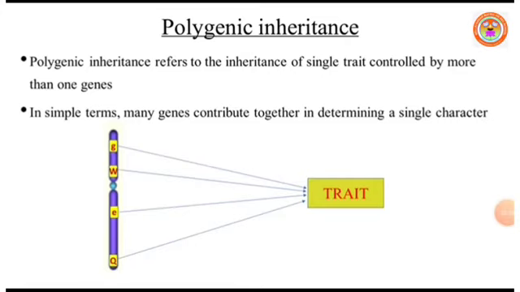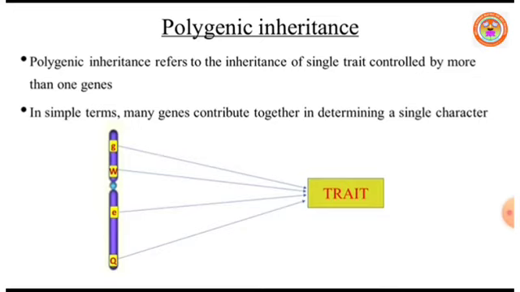A group of genes that together determine a characteristic feature of an organism is called polygenic inheritance. It gives explanations about the inheritance of continuous characters which are compatible with Mendel's law.